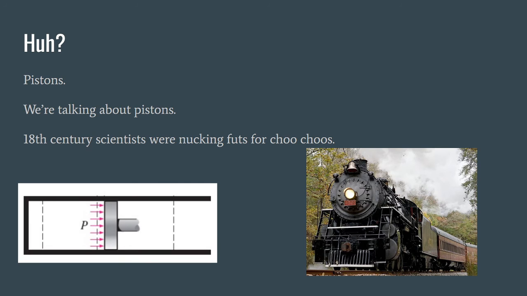And they wanted much more efficient, much more powerful steam engines. So in order to do that, they needed to really understand how expanding gases did work. So that's why we talk about this in these terms. You have your gas inside the cylinder, expanding outward, pushing on the piston, doing work in order to drive the locomotive forward.